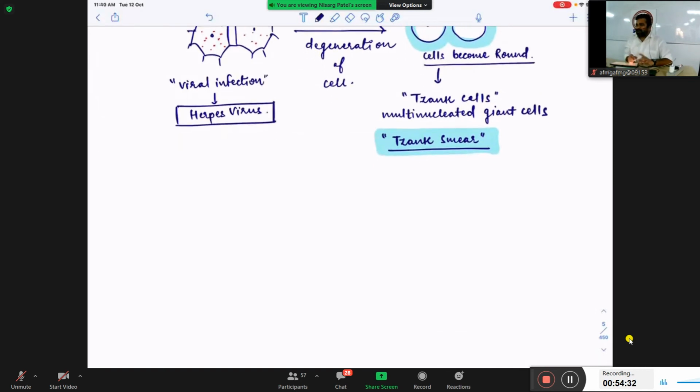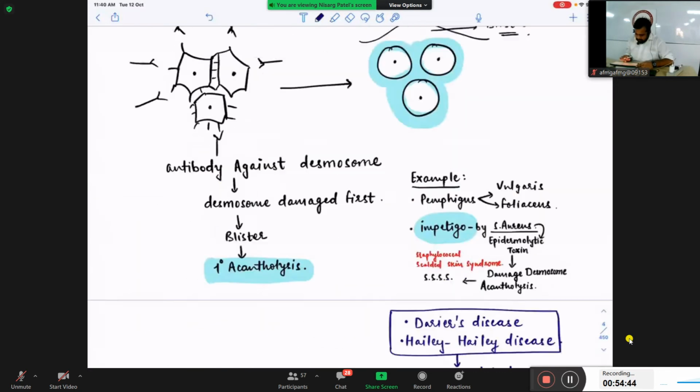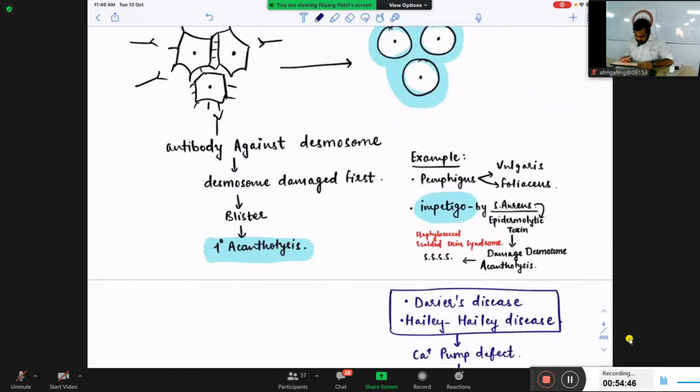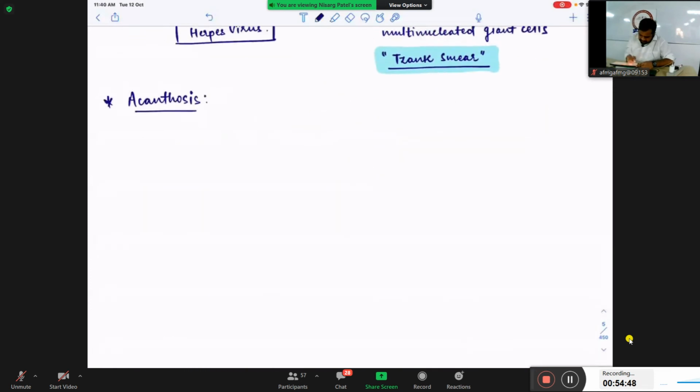So this was about the acantholysis. So let's discuss acanthosis. Fifth, acanthosis.